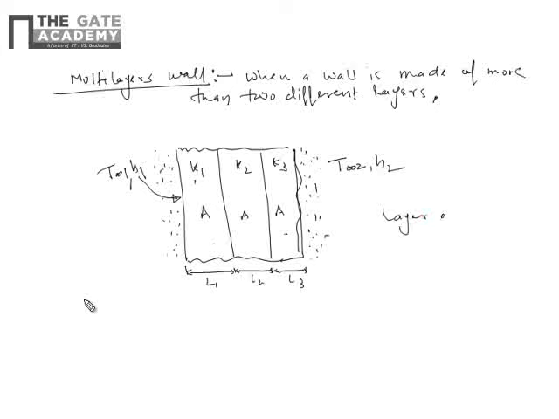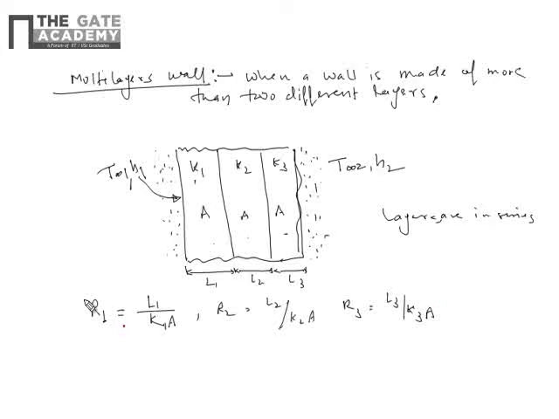Layers are in series. So, the thermal resistance or conduction resistance R1 is given as L1 upon K1A, R2 is L2 upon K2A, and R3 is L3 upon K3A.